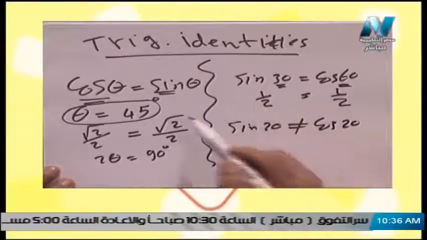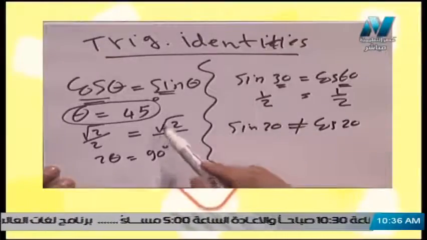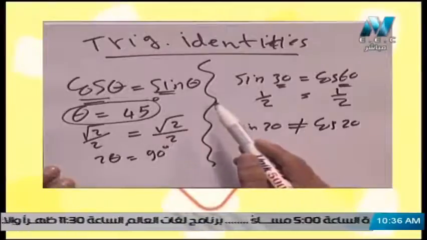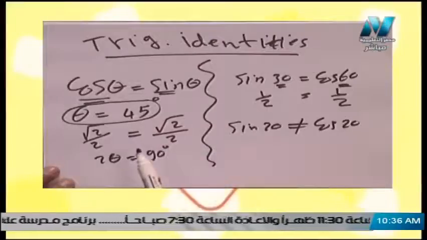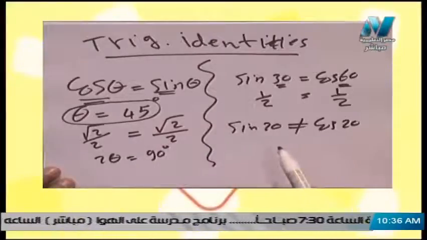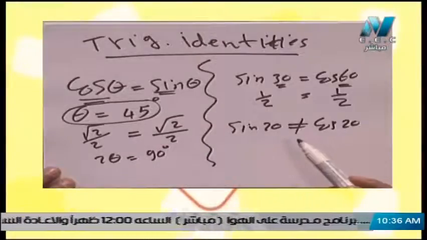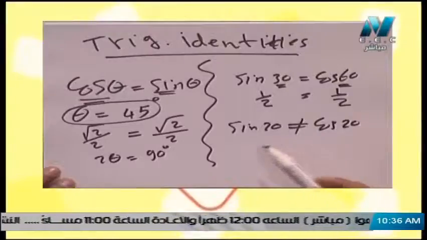So it is an equation because sometimes they are equal and sometimes not. They are equal only for specific values of theta.